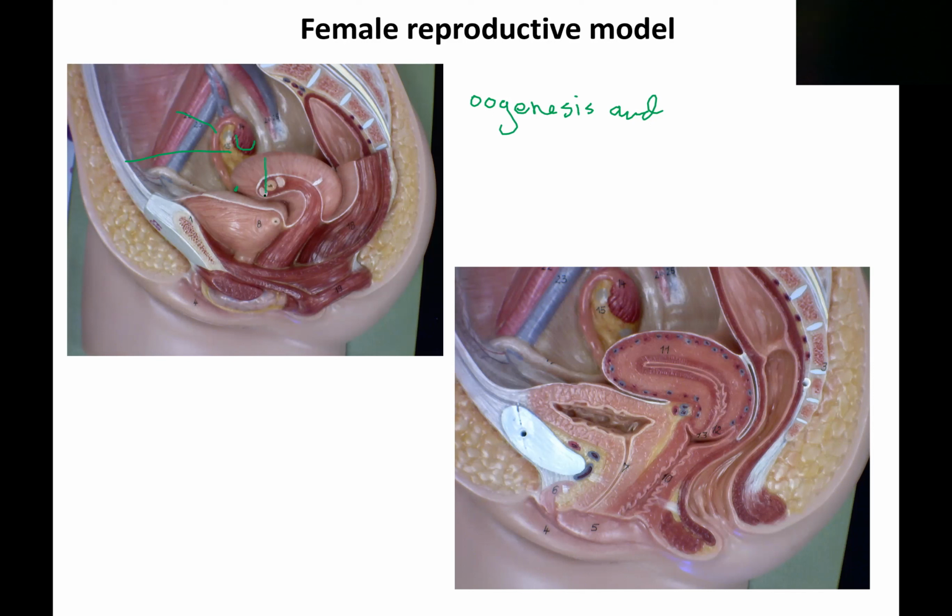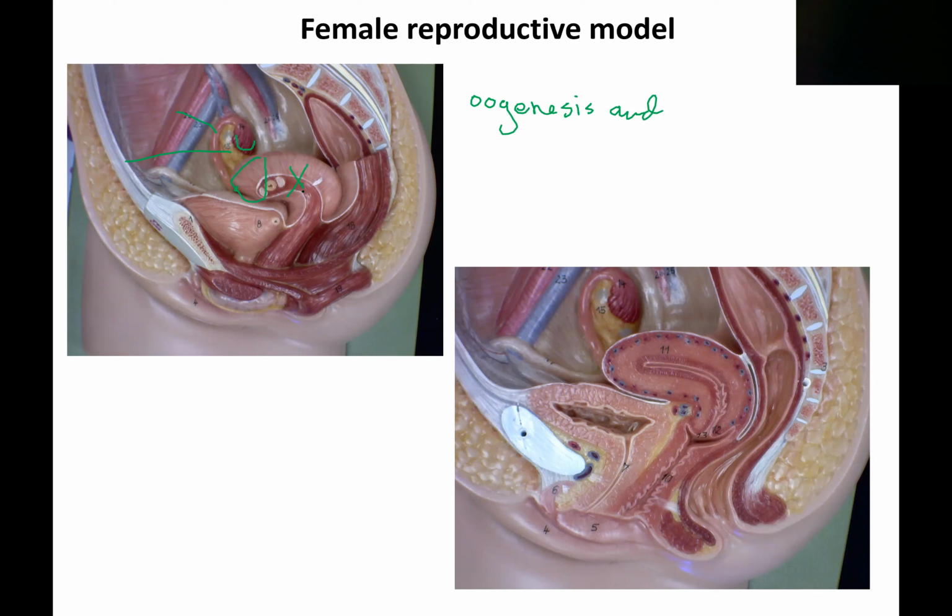You can see the fundus of the uterus, the body of the uterus. They are going to thicken the endometrium during menstrual cycle, house the developing fetus and placenta.